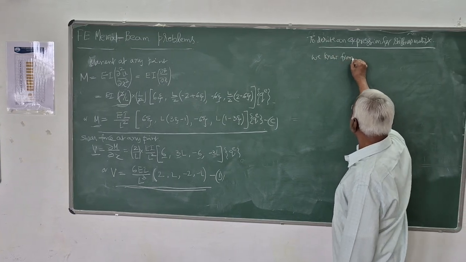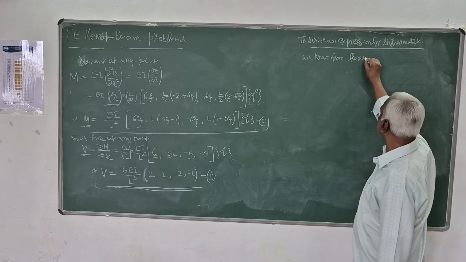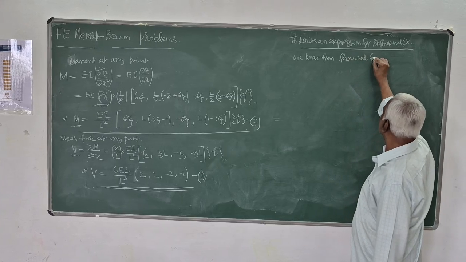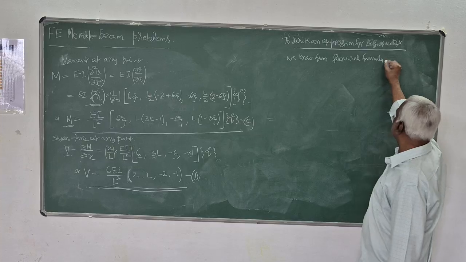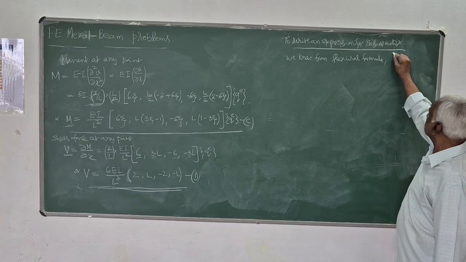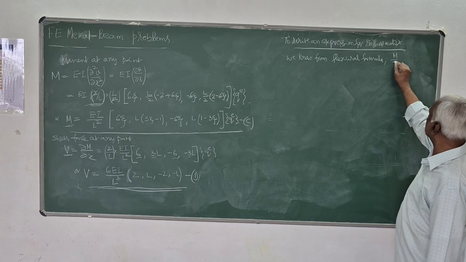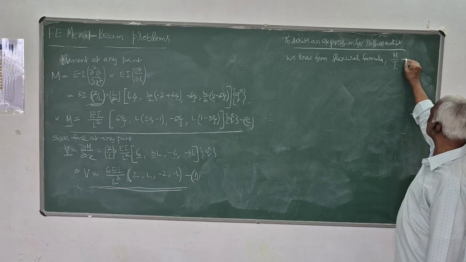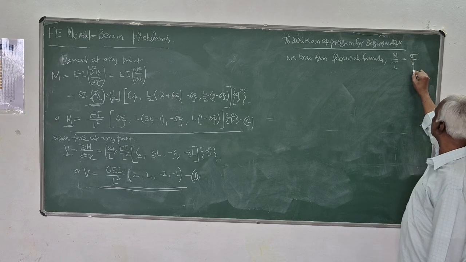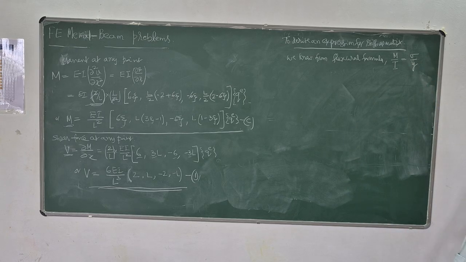from the flexural formula, M by I is equal to sigma by y. This is the famous flexural equation which you know.